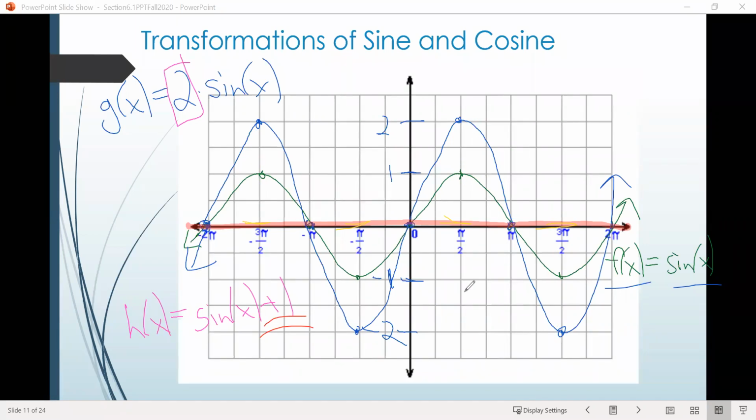And you may recall that that plus 1 there shifts everything vertically up a unit. So every point we have here is going to go up 1 unit. So this 2 pi, 0 would go up to 2 pi, 1. Negative 3 pi over 2, 1 would go up to negative 3 pi over 2, 2. And we could do that with all of the other points.